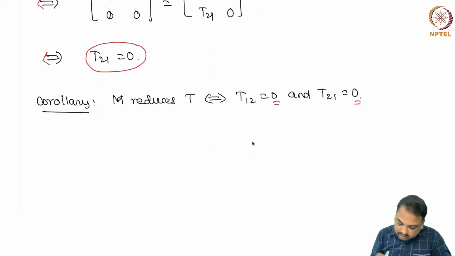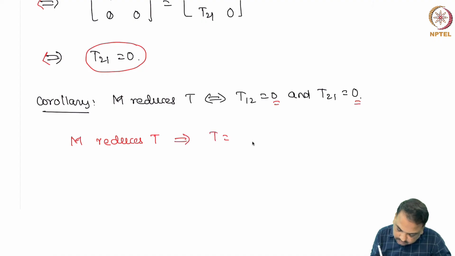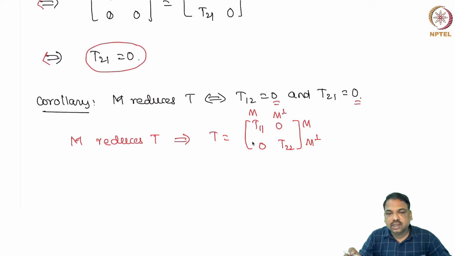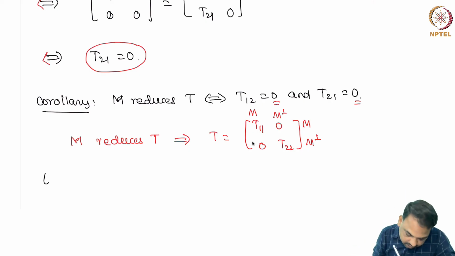So in the case when M is a reducing space, this implies T can be written as T11, 0, 0, T22, with respect to M, M perp, M, M perp. So we can get a diagonal operator matrix, and if you analyze both T11 and T22, you can get information about T. So we can easily check the following.